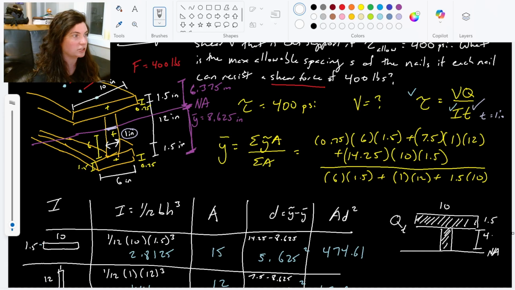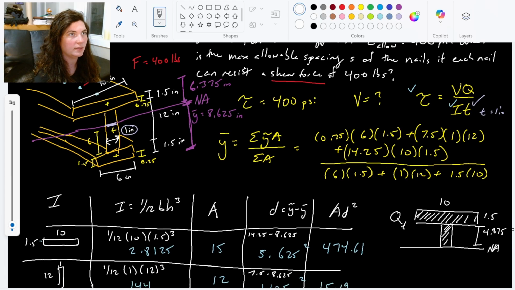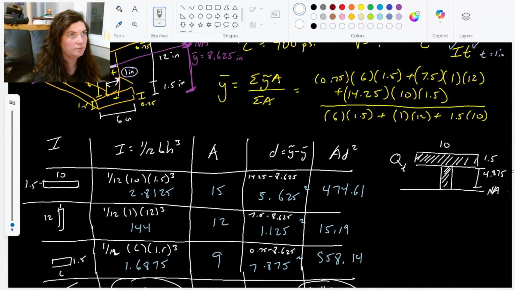So this distance is actually 4.875. It cuts through at the neutral axis there. That's what we're measuring from. And then this thickness is 1 inch.